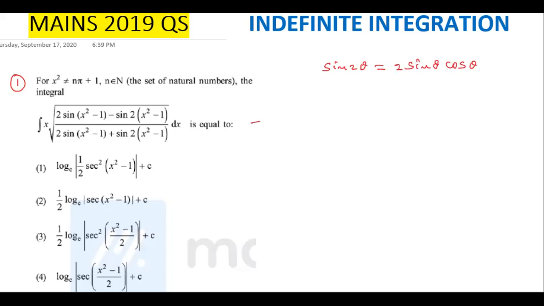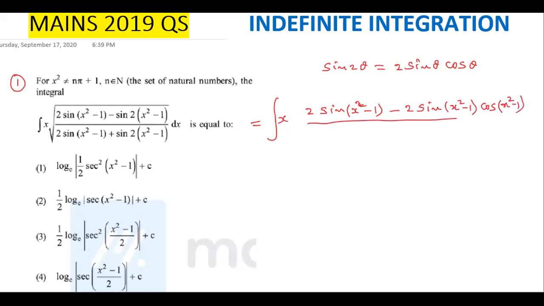Now that is equal to integration x into, numerator 2 sine of (x square minus 1) minus sine 2x formula, 2 sine x, that means 2 sine of (x square minus 1) cos of (x square minus 1).